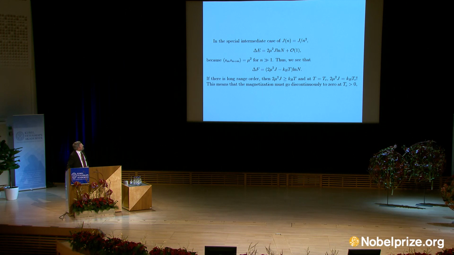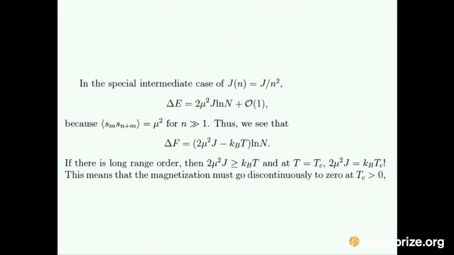And the number of possibilities is simply related to the number of allowed positions of the reversal. And the number of allowed positions is basically n, the length of the block. So the change in the free energy is just energy minus temperature times the entropy, and entropy is Boltzmann's constant, this k sub B, which you have to put in to get the dimensions right. And so you get this little formula written down there.